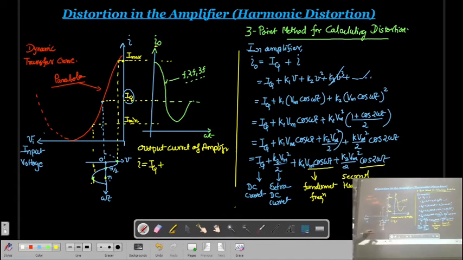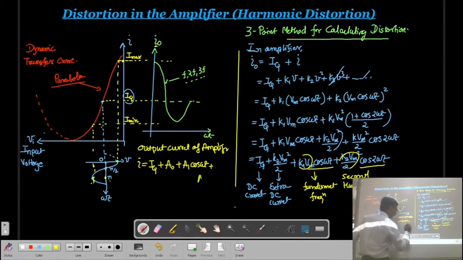It is a constant quantity. I will call this A0 plus K1 Vm. I will write this as A1 cos omega t, and K2 Vm square by 2 that is representing A2. So we write this A2 cos 2 omega t.